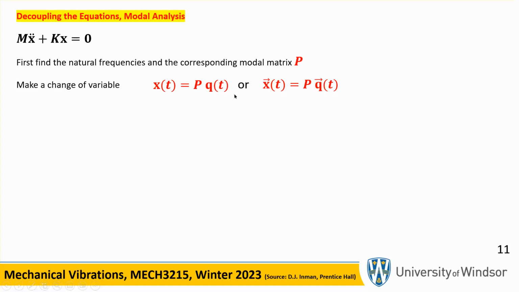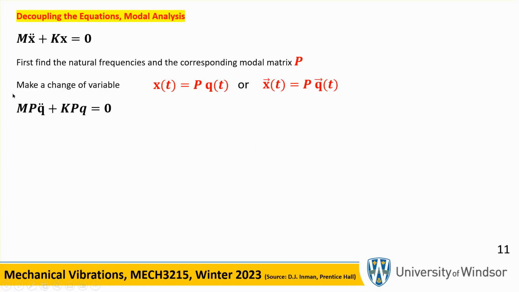This means the same thing. Now, I took this and stuck it in that equation. So we have M P q double dot, because if you differentiate this twice, P is a constant, you get q double dot, plus K P q equal to 0.